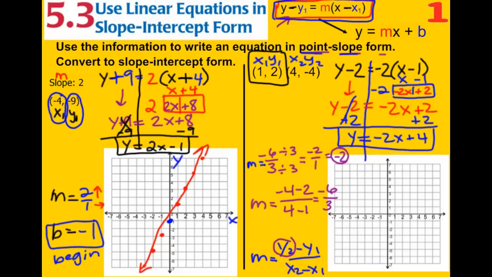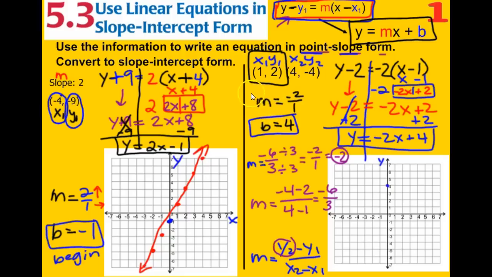So here's our equation. If you need to identify m and b before you graph, m in front of our x is negative 2, or as a fraction, negative 2 over 1, and b is 4 at the end there. It's this form right here. So we're going to begin right here at 4 on our y-axis, up 4.